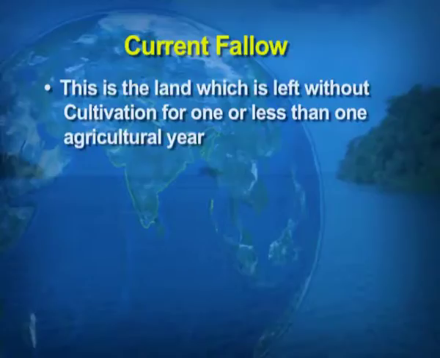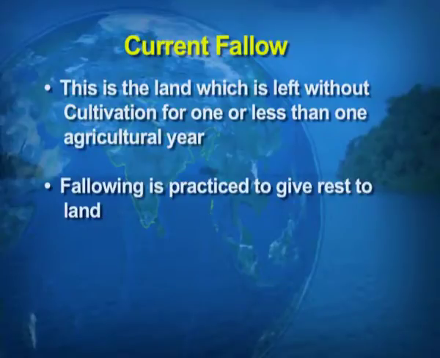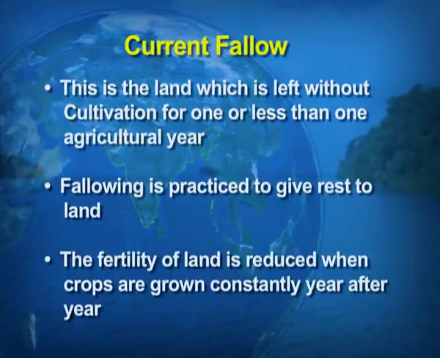So, current fallow land is a land which is left without cultivation for one or less than one agricultural year. Fallowing is practiced to give rest to land. The fertility of the land is reduced when the crops are grown constantly year after year.